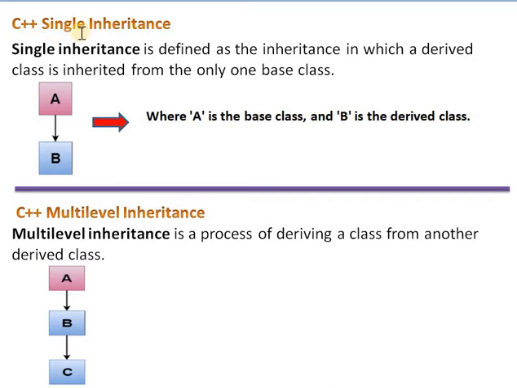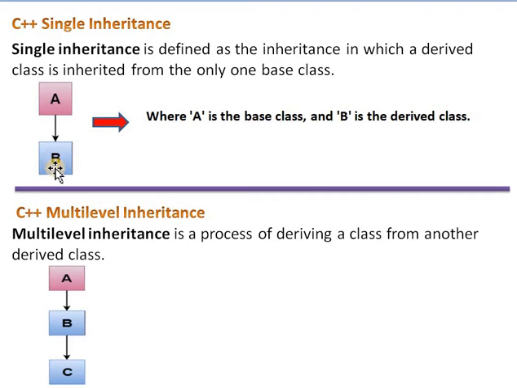First is single inheritance. This figure shows single inheritance. Single inheritance is defined as the inheritance in which a derived class is inherited from only one base class. Here A is the base class and B is the derived class.